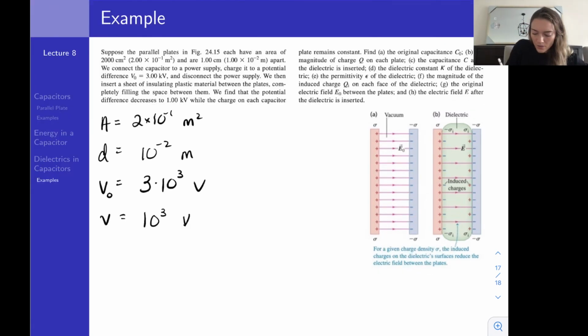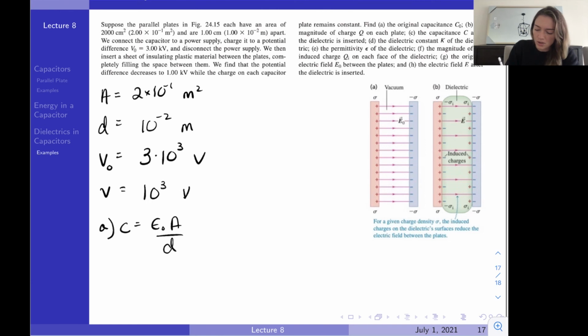So let's first just find the capacitance. The capacitance is going to be given by epsilon naught A over d. Since we were given A and d already, let's obviously use that formula. So we're going to have 8.85 times 10 to the negative 12 times the area, which was 2 times 10 to the negative 1, so we can just write that as 0.2, and then the distance was 10 to the negative 2.